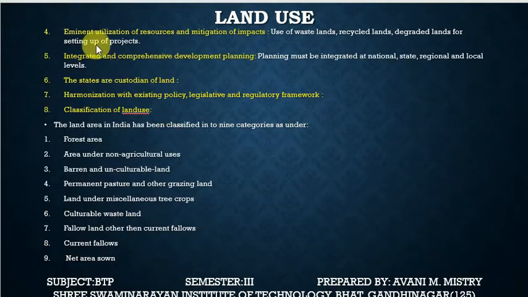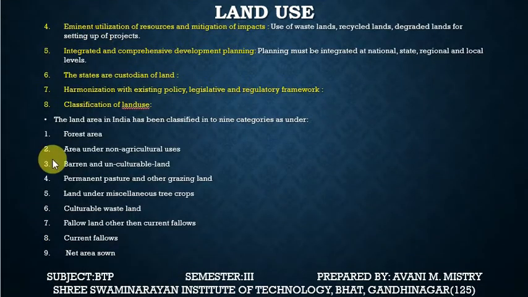Okay. Then optimum utilization of the resources and mitigation of the impacts. That means use of wasteland, recycled land, degraded land for the setting up of the project. Integrated or comprehensive development planning.